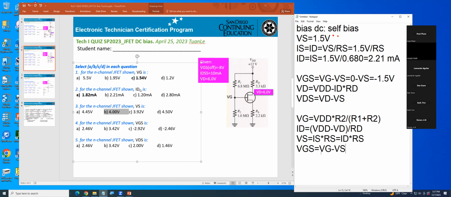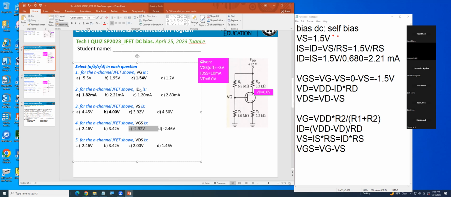VGS equals VG minus VS. Let's see, VS is 4, VG is 1.54. I think it should be C. Correct? The D.